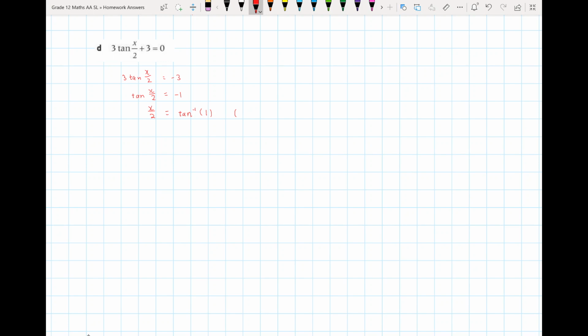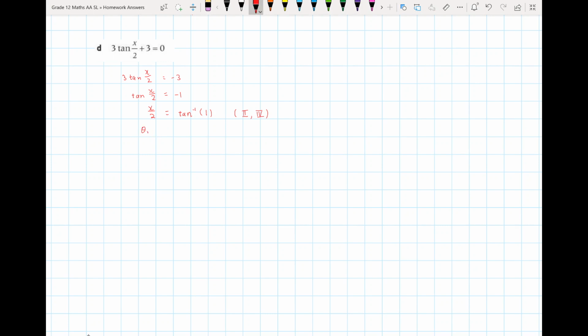Tangent is negative at quadrant 2 and quadrant 4. So basically that's our reference angle. So I can't really write down what this is, but I could use it to help us find out what the angles have to be. So maybe as an aside, I can write down the reference angle.